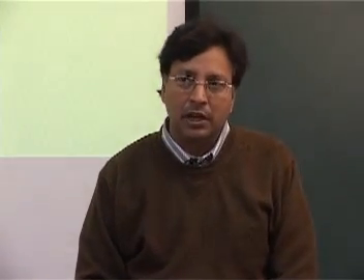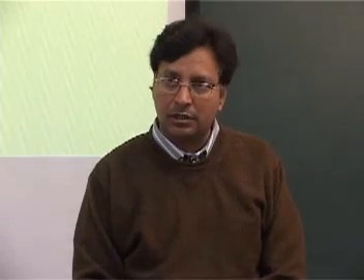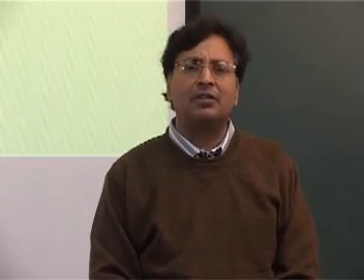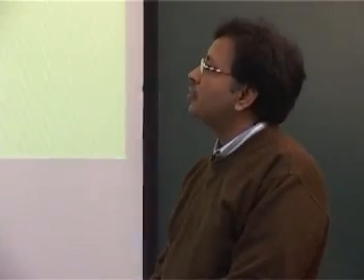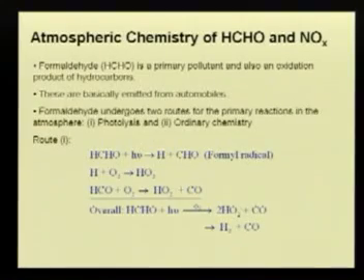Formaldehyde is a very important pollutant. It is directly emitted from automobiles and from combustion processes, largely from petrol driven vehicles. Maybe we'll see why HCHO comes from petrol driven vehicles. And then this HCHO is again pretty reactive.